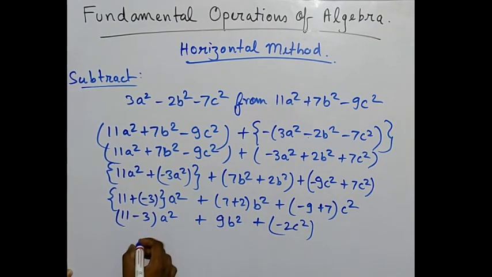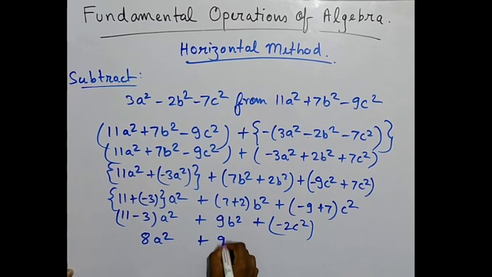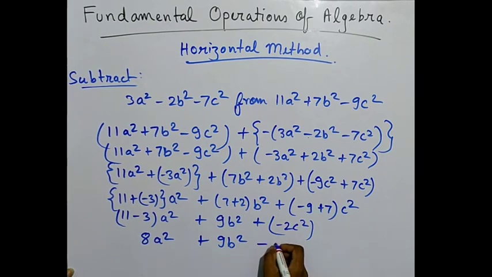Let's subtract this. 11 minus 3 will give you 8a square plus 9b square. Negative and positive will become negative 2c square.